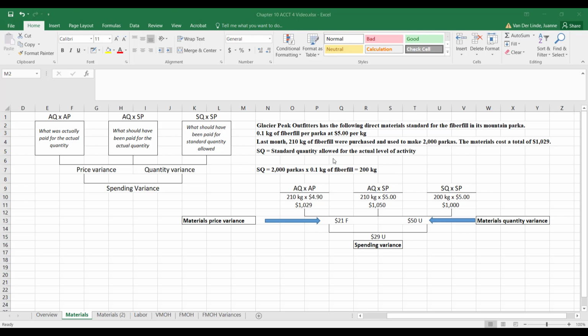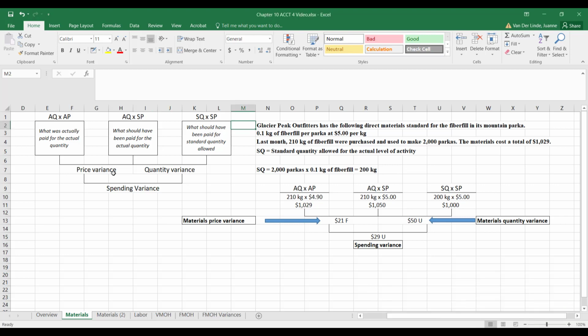How many kilograms of fiber fill should we have used making 2,000 parkas? How much do we need to use per parka? The standard is 0.1 kilograms of fiber fill per parka. So if we actually made 2,000 parkas, we multiply that by 0.1 kilograms to see that we should have used 200 kilograms of fiber fill to make those 2,000 parkas.